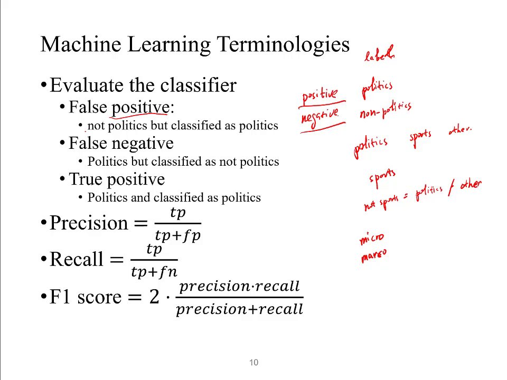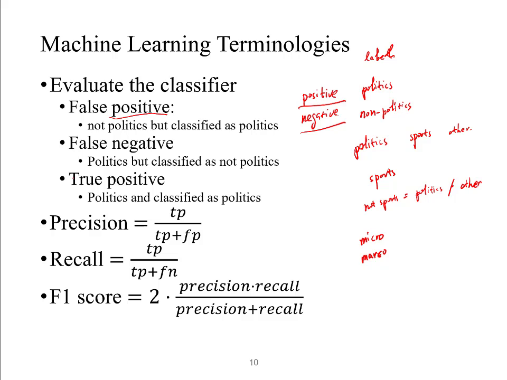So for the same reason, the false negative is the thing that is positive but has been classified as negative. For example, politics but classified as not politics. And so again, negative is the classification result, and false indicates that the result is incorrect. And true positive is the positive that is classified as positive.